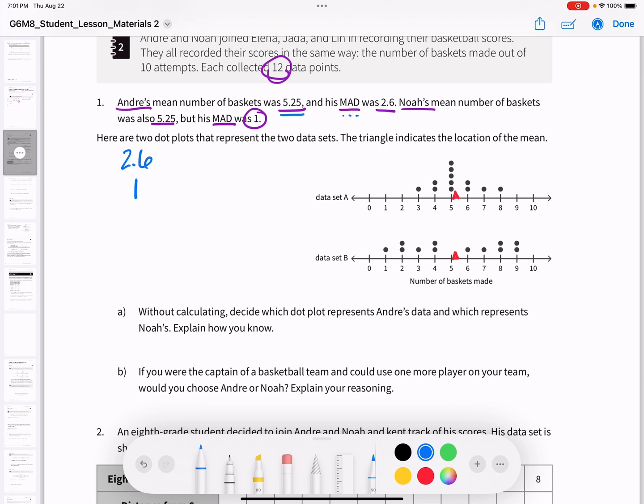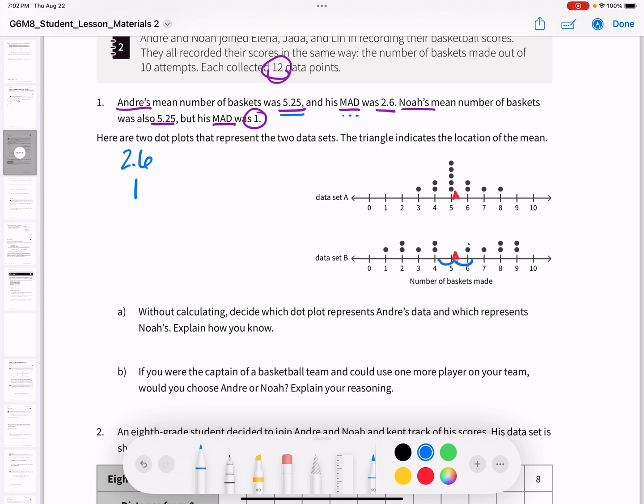So let's look at data set B. If I go 1 away from 5.25, the mean, that should hit most of the data points if it's the right MAD. So here we go. 5.25 would get me 1 away, 6.25 up, and down would get me 4.25.